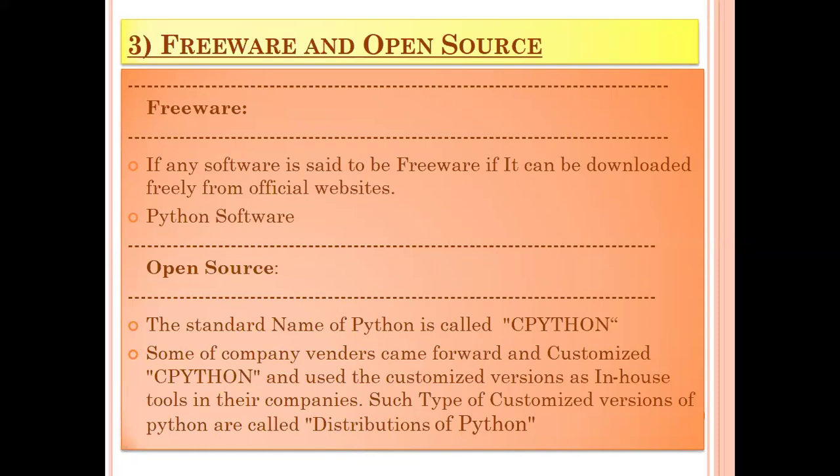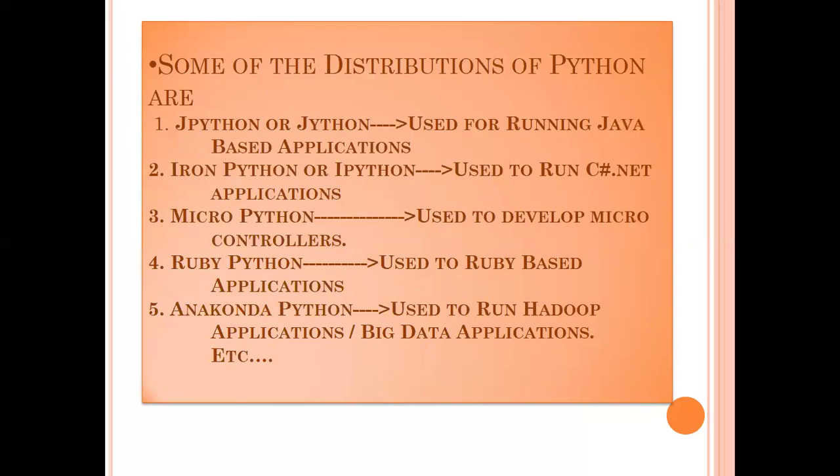Some company vendors came forward, customized CPython, and used the customized versions as in-house tools in their companies. Some of these customized versions of Python are called distributions of Python, like JPython or Jython, which are helpful in running Java-based applications.